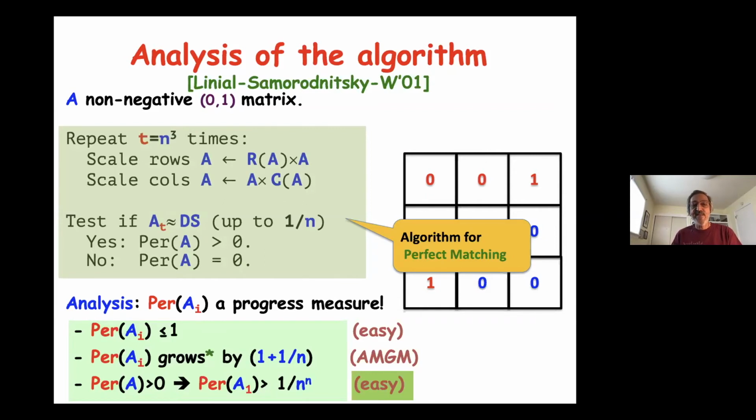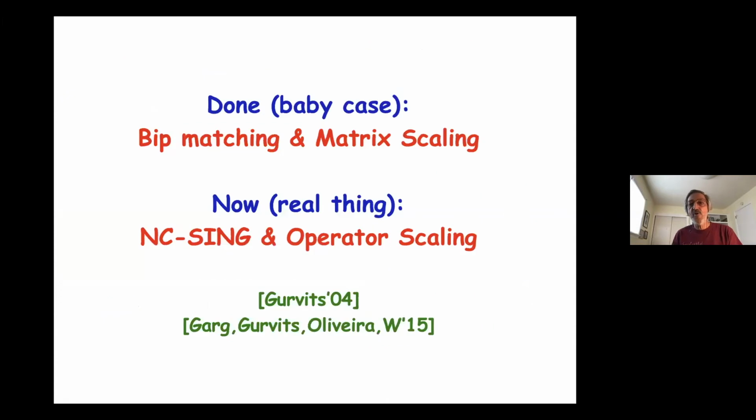That's straightforward. Why does it grow? Because the arithmetic mean-geometric mean inequality is tight only where everything is equal. And if you are far from being, say, row stochastic, then it will grow. It's really simple. I have a slide for it. I can show it at the end if you want. More questions? No, Peter said to go on.